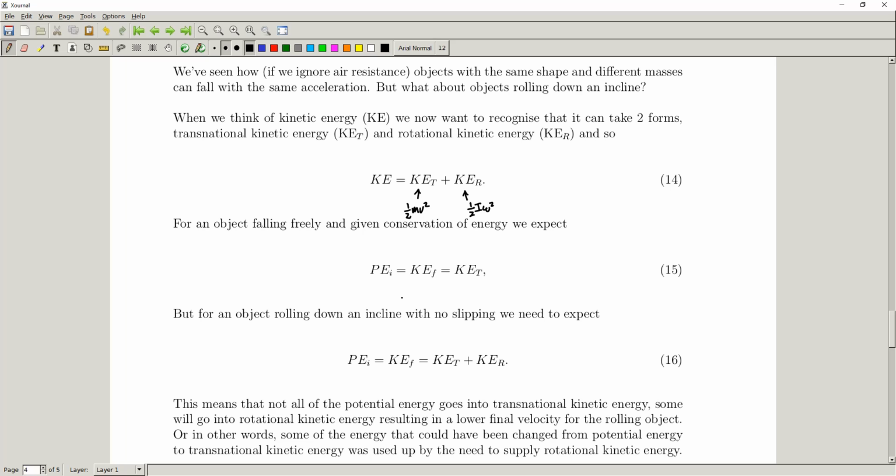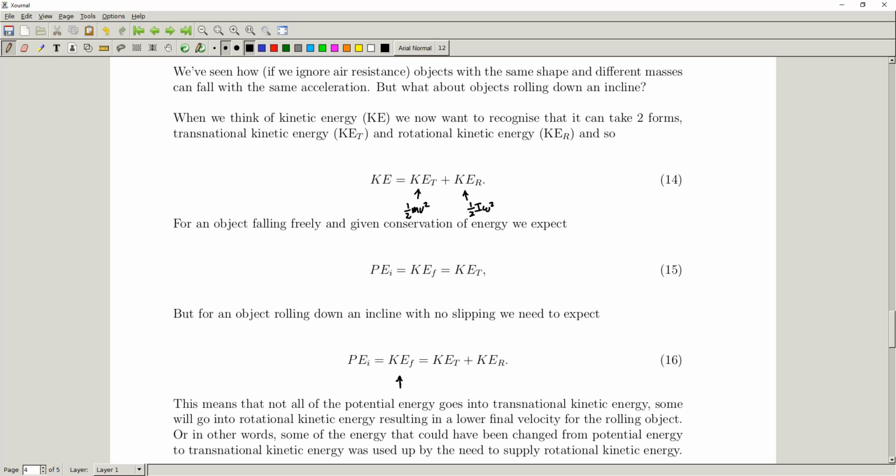And in the case of a falling object that's not rotating, all of that kinetic energy will be translational kinetic energy. But in the case of an object rolling down an incline, let's say it's not slipping but actually rolling, we're going to have the same initial potential energy, and it's going to change fully into kinetic energy by the end of this.